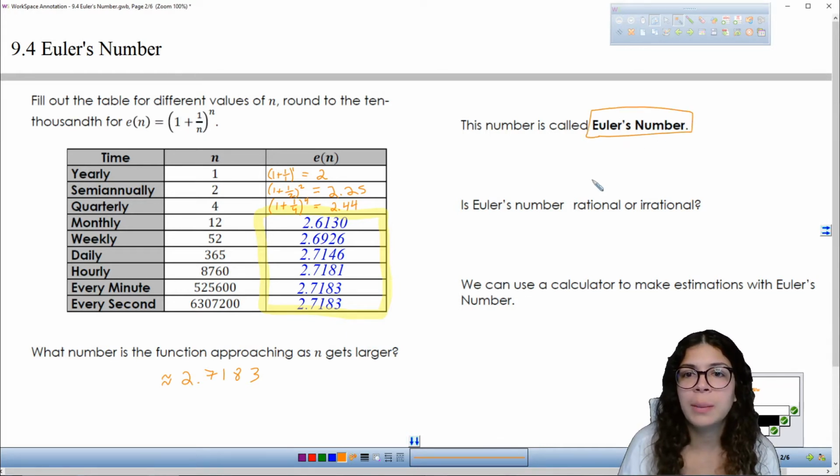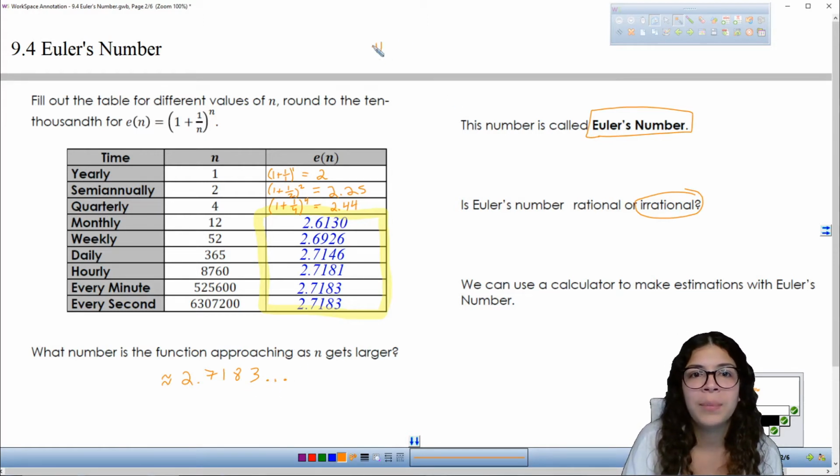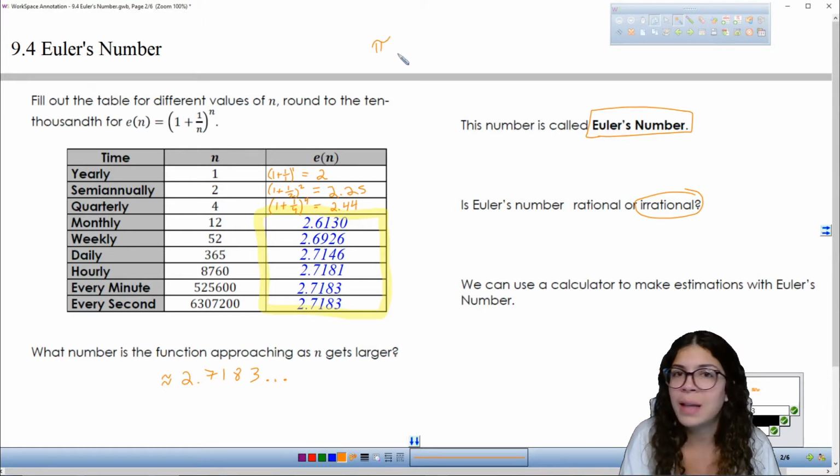And Euler's number is kind of like pi, in the sense that it is an irrational number. So in other words, there are numbers after this. Just like pi is a number, right? It's not a variable. We know exactly what the number is. We just use a symbol to represent that number, because that number is infinite. It does not stop, right?